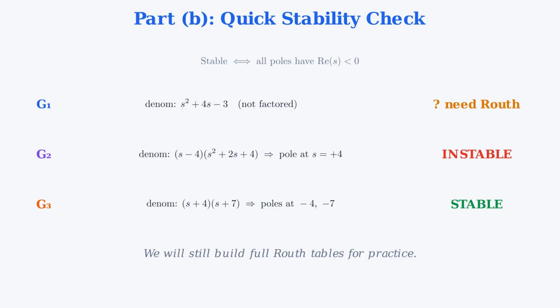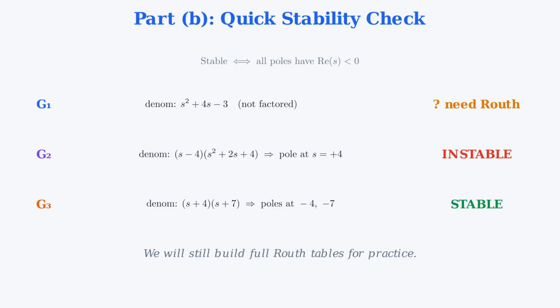For g2, the denominator is already factored as s minus 4 times s squared plus 2s plus 4. The factor s minus 4 gives a pole at s equals positive 4. This pole is in the right half plane, so g2 is unstable. No calculation needed.